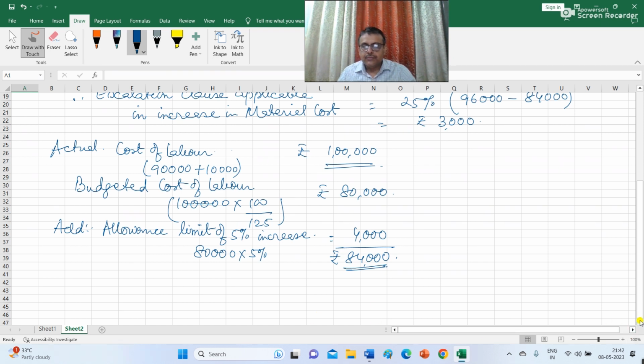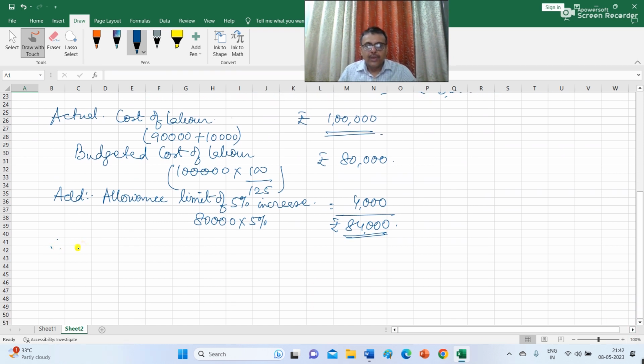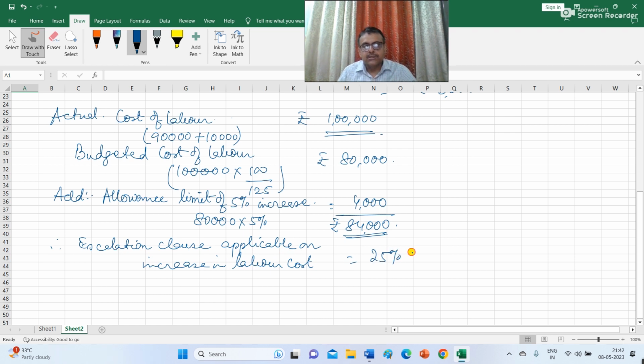Therefore, the escalation clause applicable on increase in labor cost is 25%. Multiply this with the difference of the actual labor cost and the maximum labor cost which was allowed in the contract, that is 84,000.